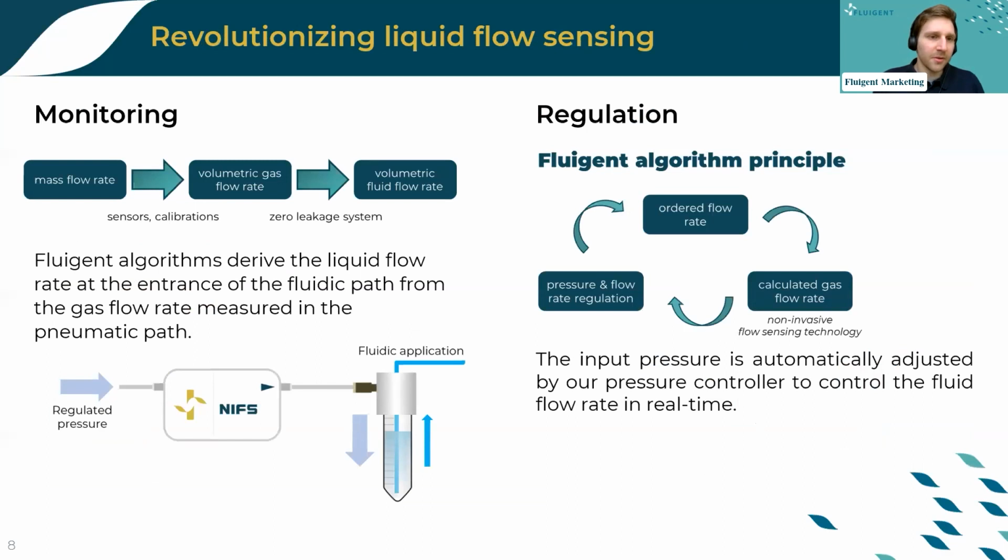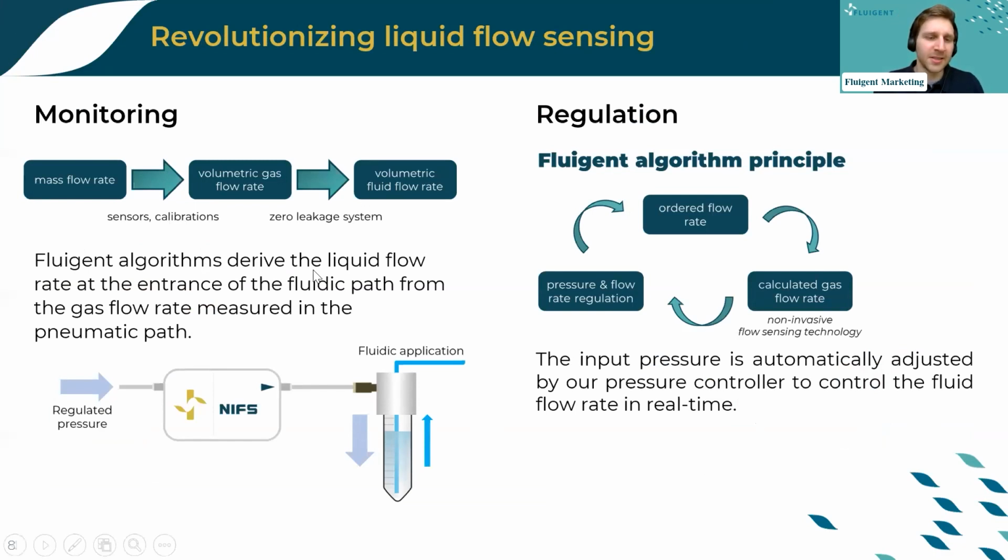So this is how the system works. Here we combine sensors, calibrations. We have several manifolds. We have valves. Thanks to the whole of this system, we can measure the gas flow rate through a mass flow rate measurement into the sensors.